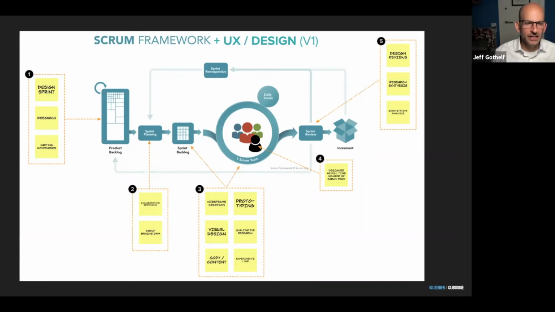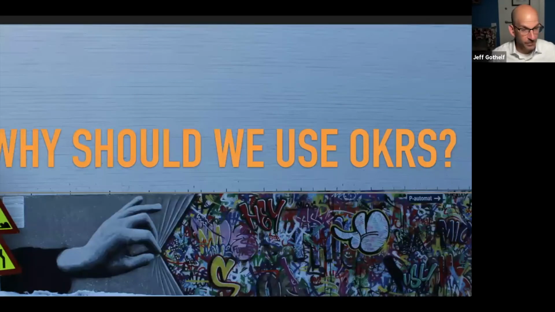The other thing that's become very popular in the last few years that we didn't want to ignore in the third edition of the book was OKRs, objectives and key results. And there's an explicit reason why we believe OKRs have a place in the Lean UX book.